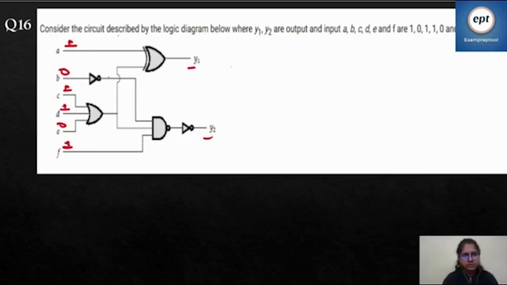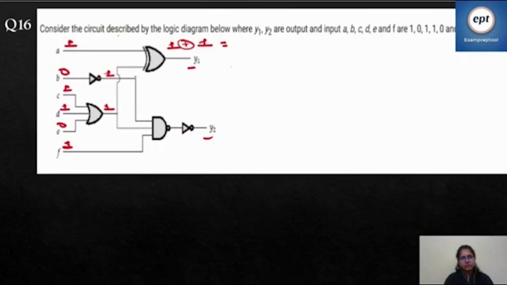Here this will be 1, and this is the OR gate, so the OR gate value comes out to be 1. Here the value will be 1, and this is the XOR, and here the input will be 1 itself. So this is the output for y1. We will calculate the value, but let's see y2 first.